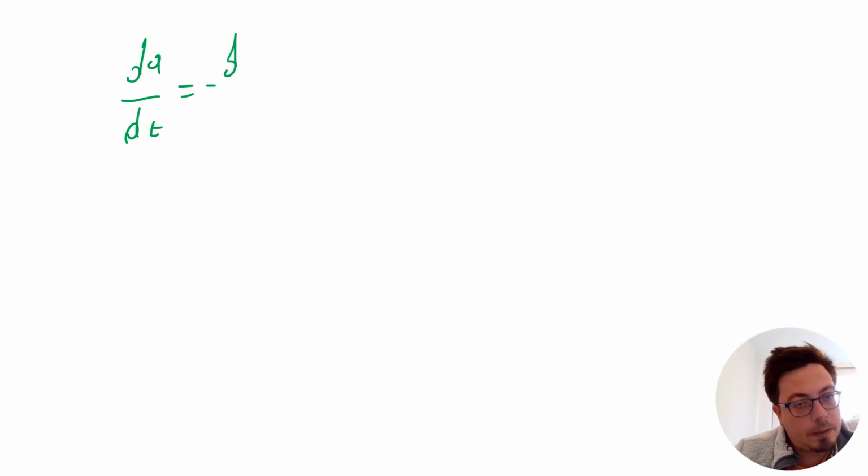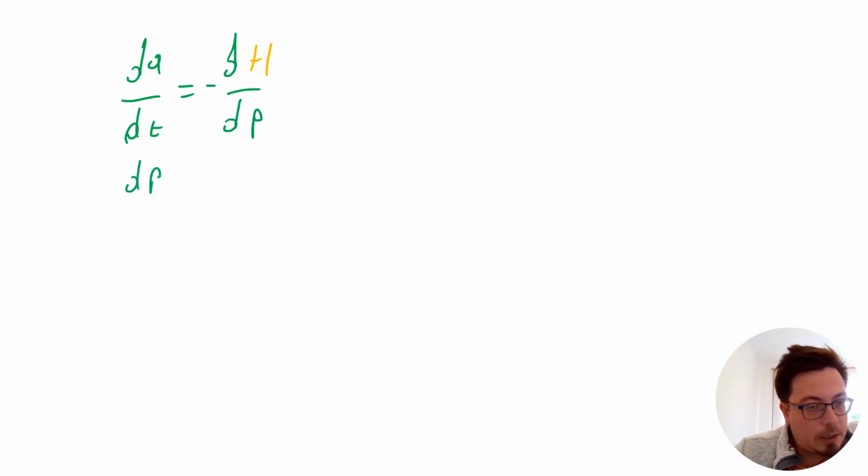Okay, so we said that we have this function that we can use to describe the system, which is the Hamiltonian, which is essentially the total energy of the system. And then we have these equations that allow us to reconstruct the equation of motion, Newton's equation.